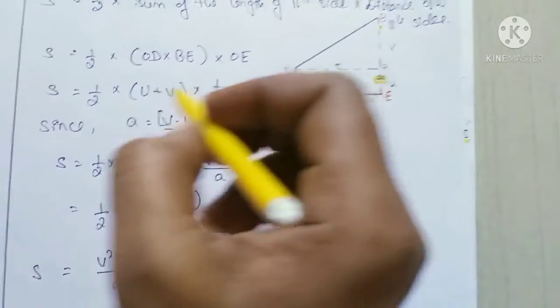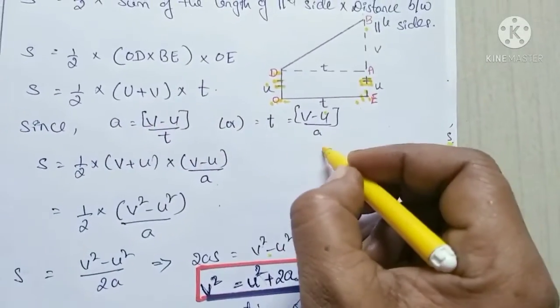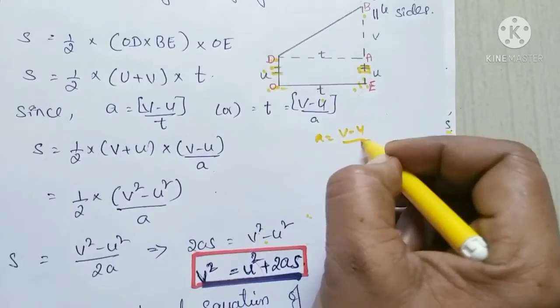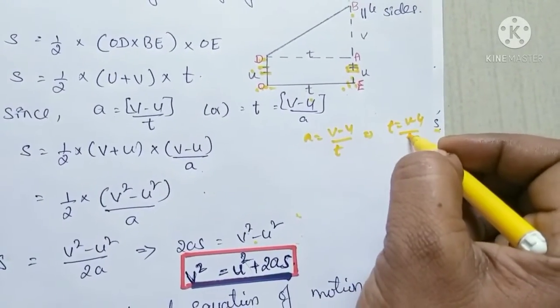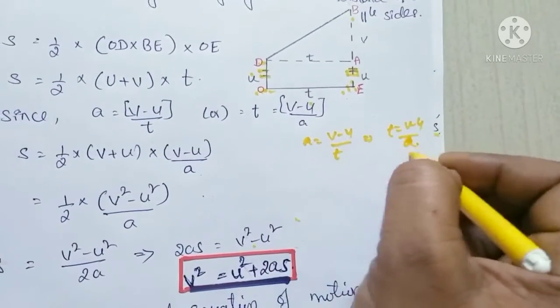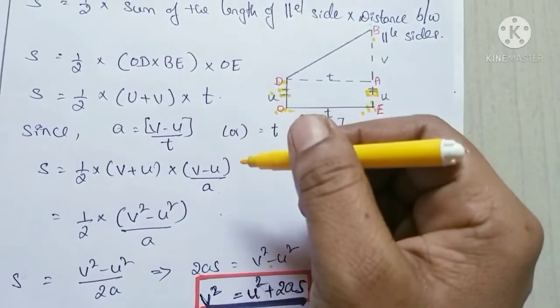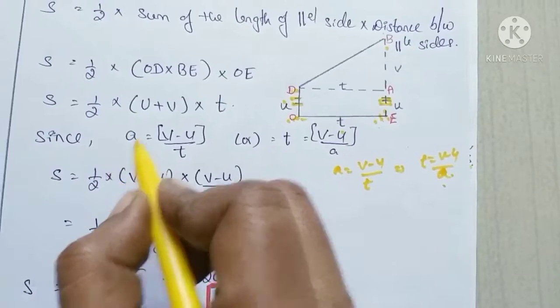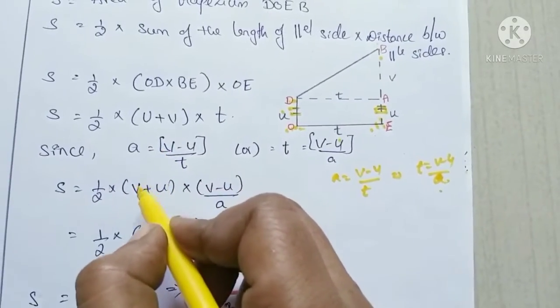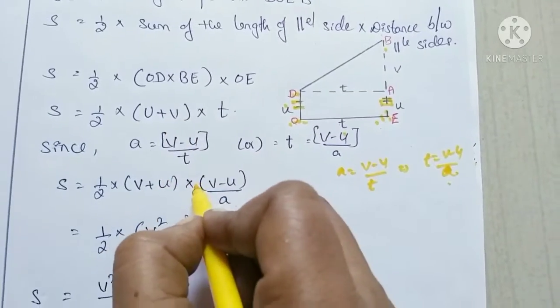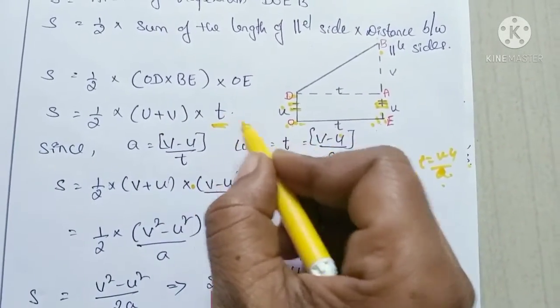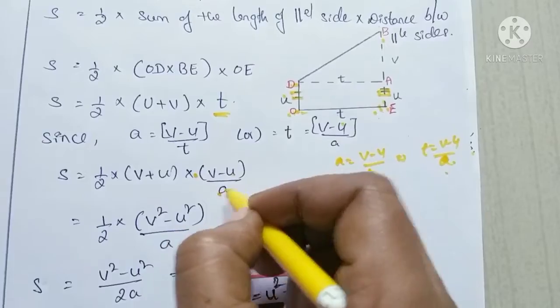Since a is equal to v minus u by t, that implies t is equal to v minus u by a. Now we can substitute the values. Half into v plus u into the value of t, which is v minus u by a.